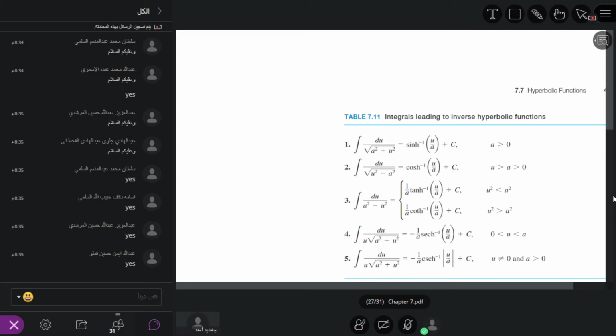It is equal to the integral of du divided by square root of a square plus u square.